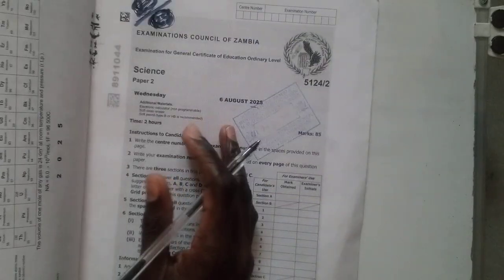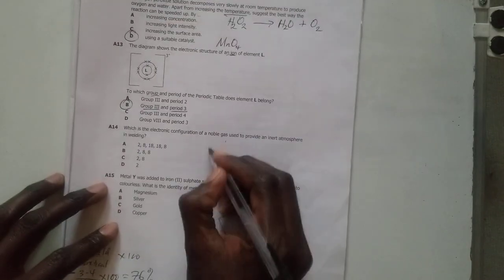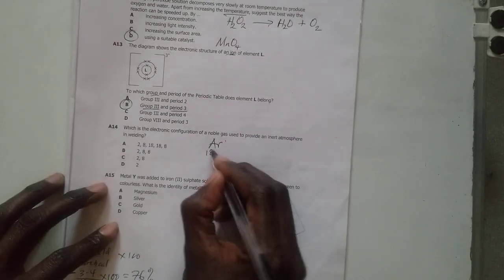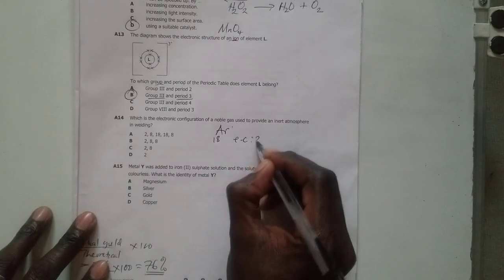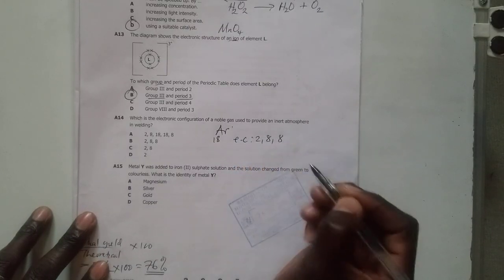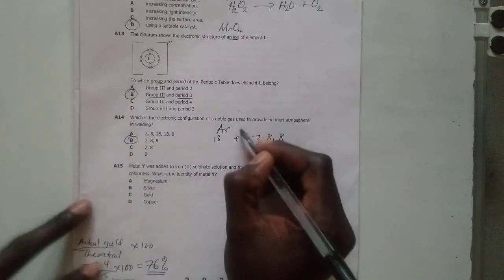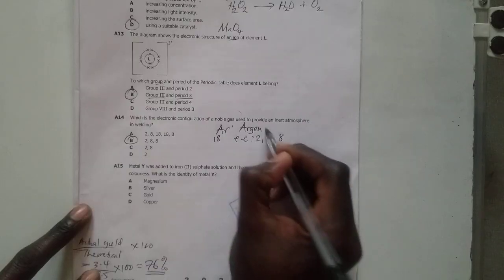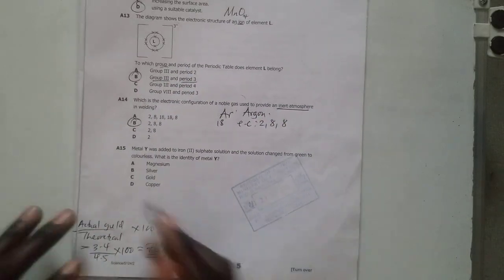So the one that is actually used there is argon. Argon has proton number 18. So if you write the electronic configuration, it will be 2,8,8, and therefore B was the correct option. So this is the element argon that is used to provide an inert atmosphere.